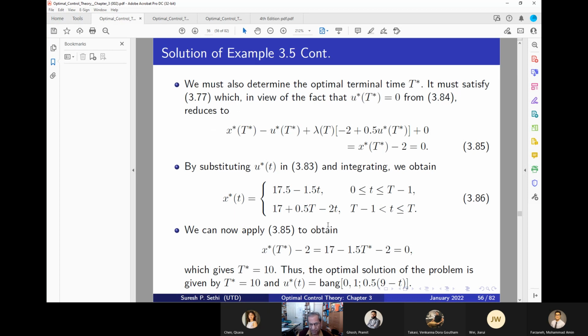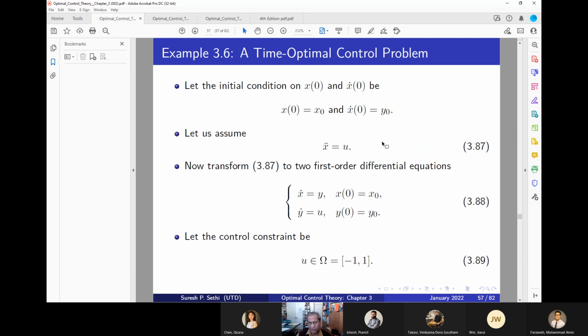At this point, we're going to take a break. The next problem is one of the classical problems in optimal control. And I will spend a little bit more time explaining that problem. So let me take a 5 or 10 minute break, and then we will come back, okay?